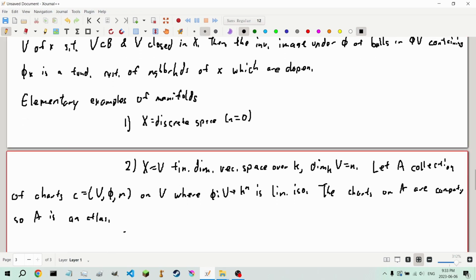Third, we can let X be a manifold and U in X be open.